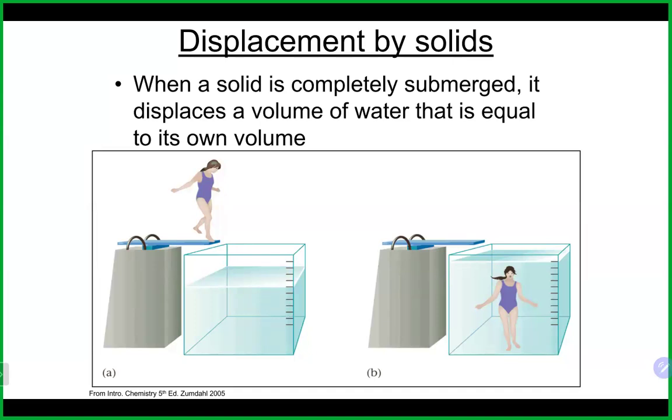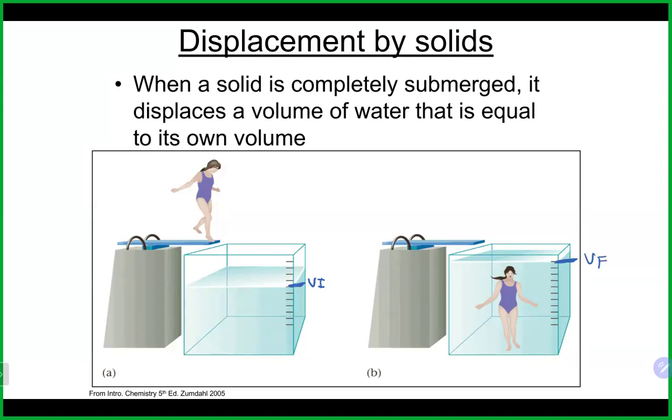So for example, here, before this lady comes and jumps into the pool, we have an initial volume basically of the water level that's in there. Once she goes into the pool, she's going to displace the water and it's going to rise in this case to a final volume.